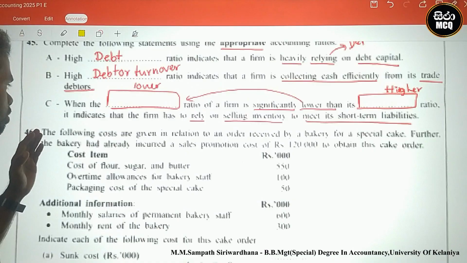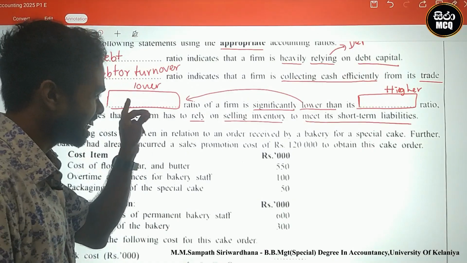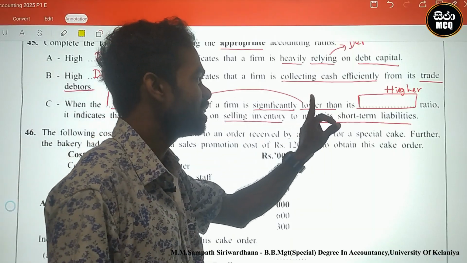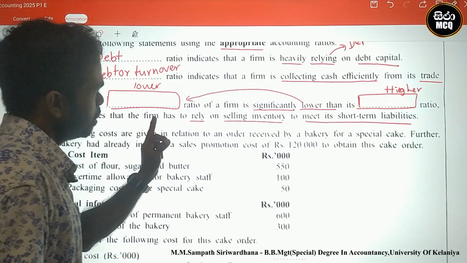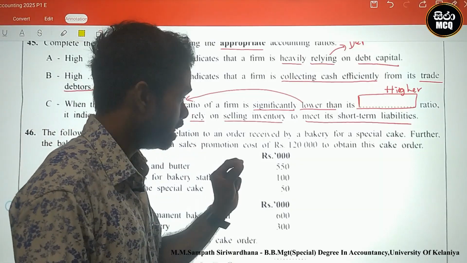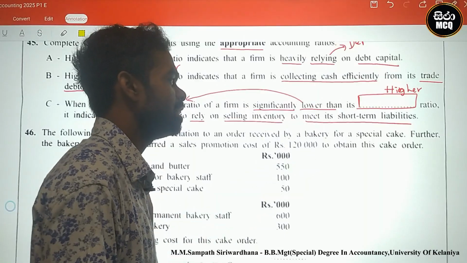Look here, when the ratio of the firm is significantly lower than the other ratio, it indicates that the firm is depending on selling inventory to meet short-term liabilities.